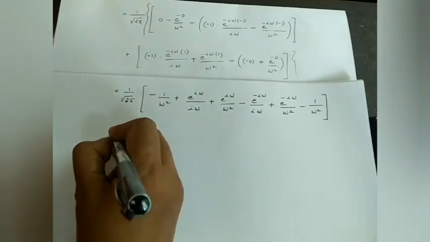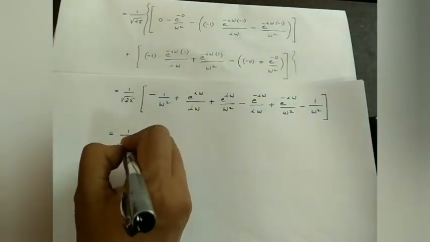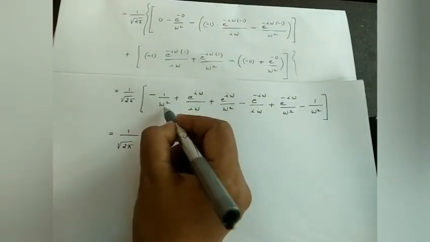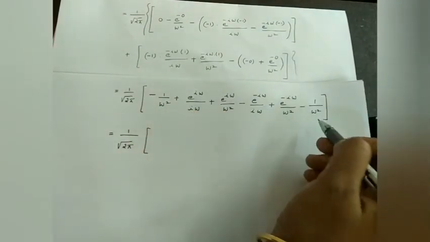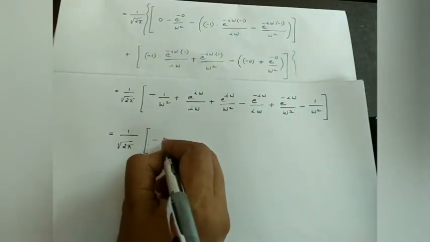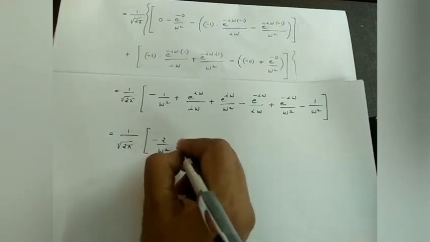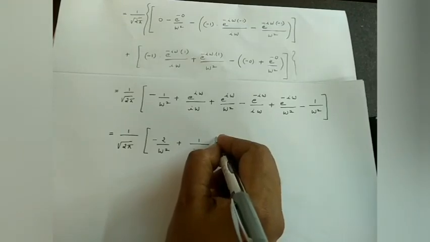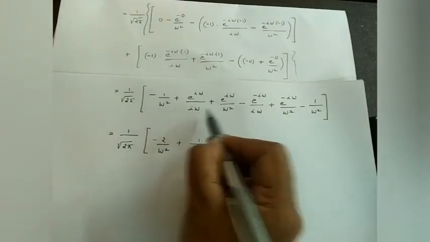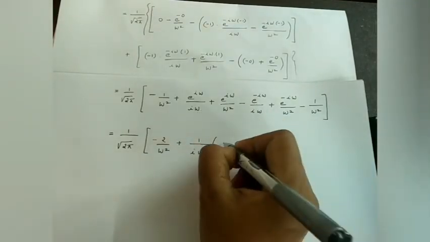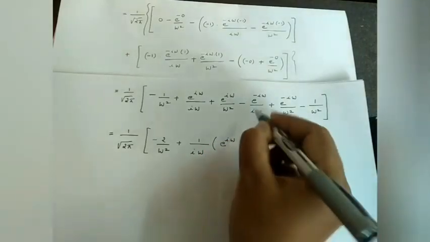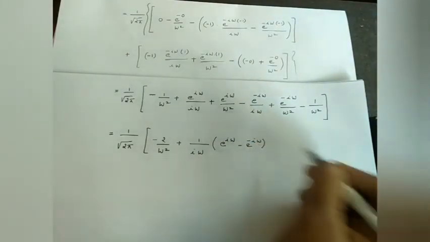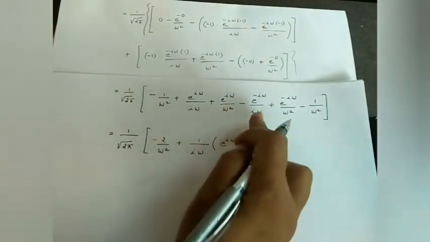Now it is equal to 1 by root 2 pi. Now we can solve this. That is minus 1 by omega square minus 1 by omega square becomes minus 2 by omega square. Plus, here we have 1 by I omega terms, therefore 1 by I omega into e raised to I omega minus e raised to minus I omega, joining these two terms.